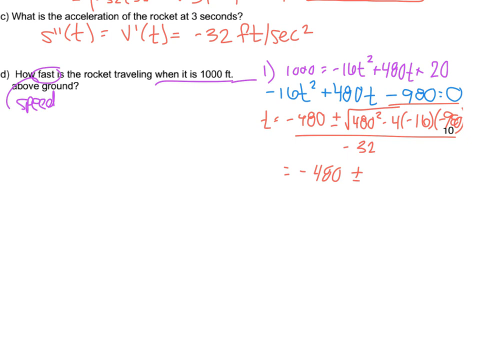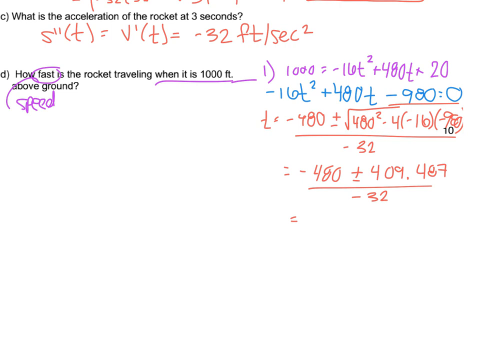And after you take the square root, you get 409.487, all over negative 32. So this is going to give us our two possible times.